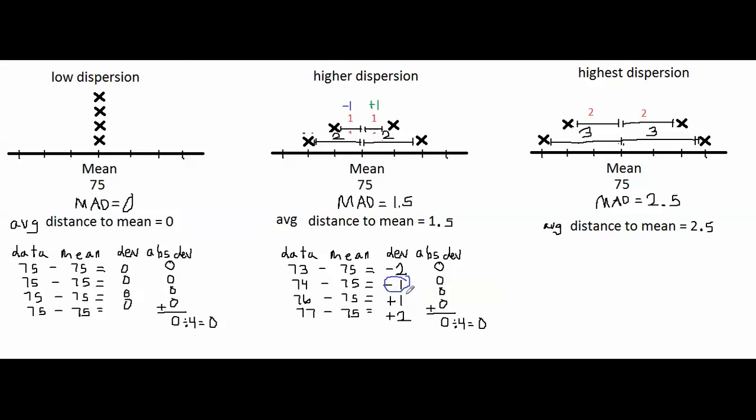That's where this +1 comes from. So the exam score of 74 is 1 below the mean of 75, so this person has a deviation of -1. I labeled it up here. This person who had an exam score of 76 had a deviation of +1 because that person is 1 above the mean.